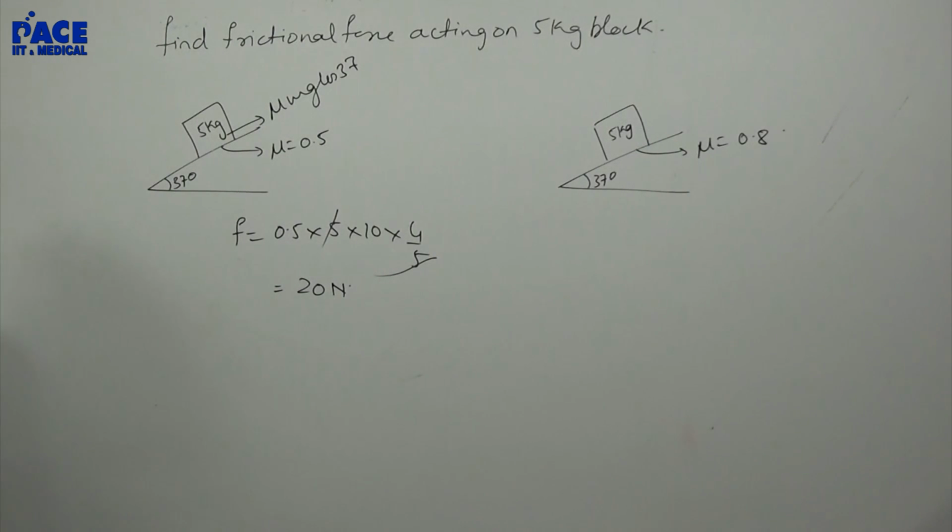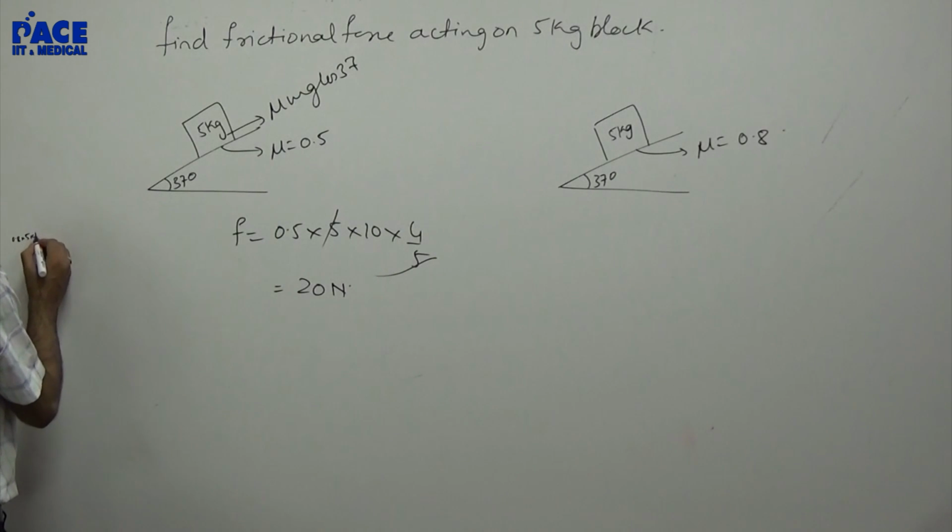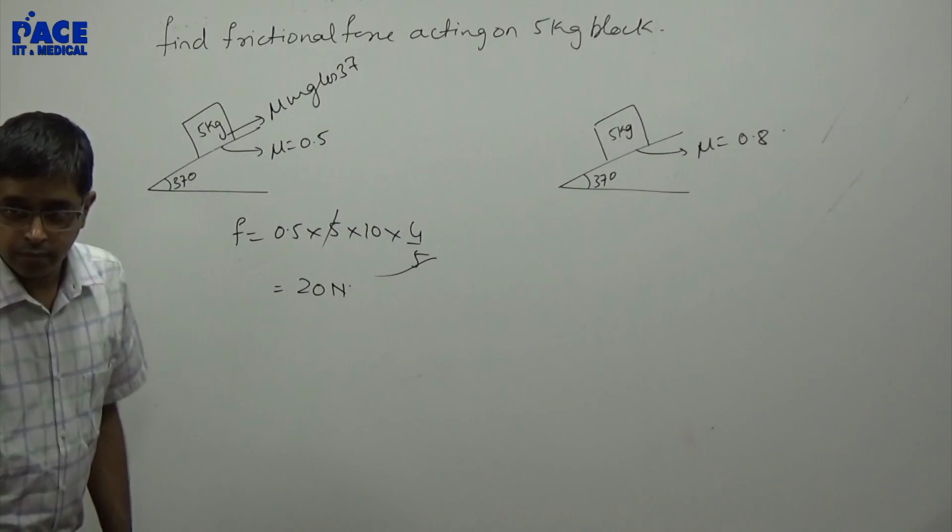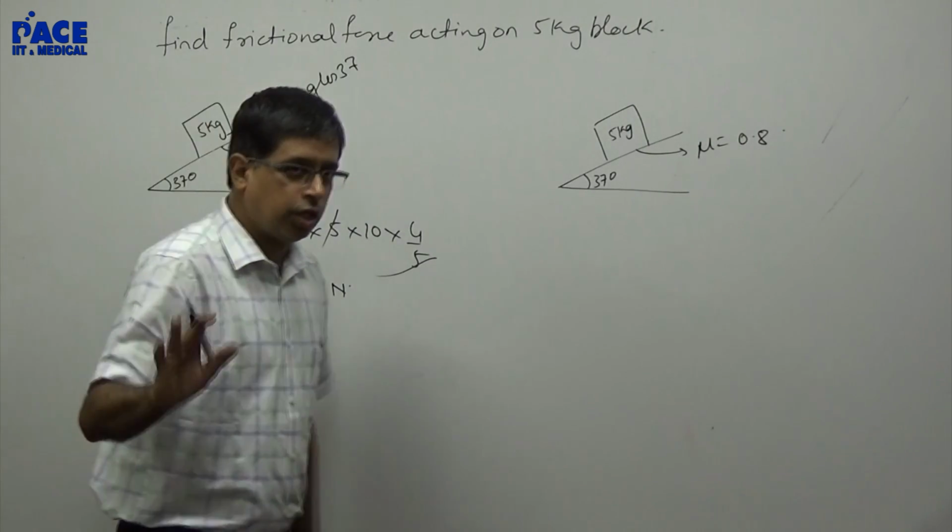No sir, 30 is acting down, and if 32 is there then... Sir, 32 Newton. 30. So 30. 5 kg will normally.